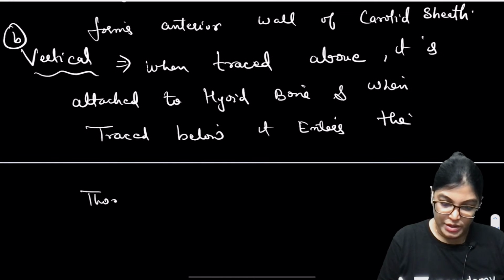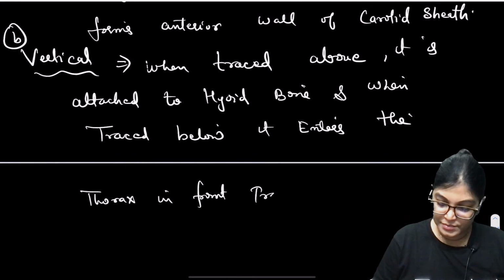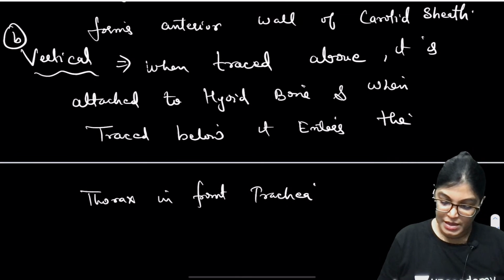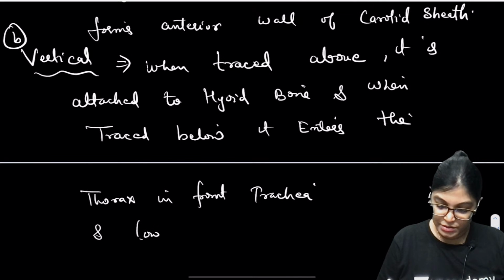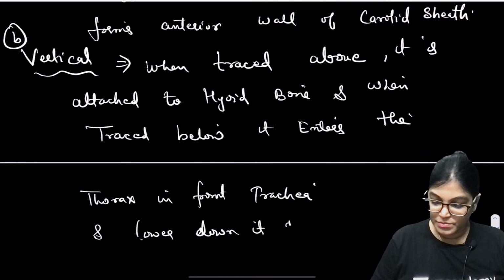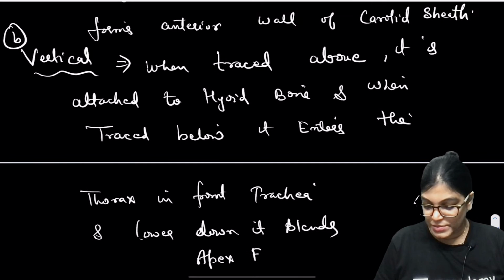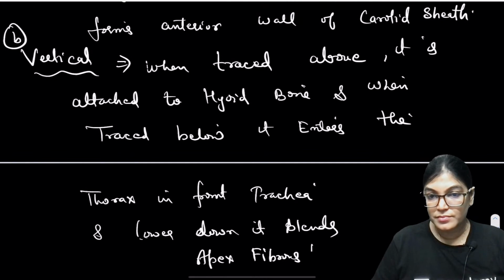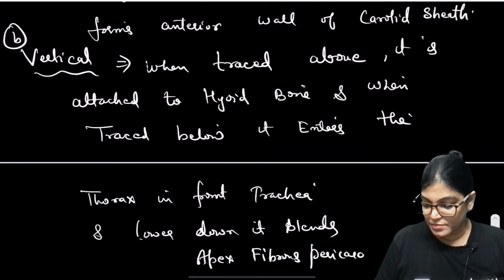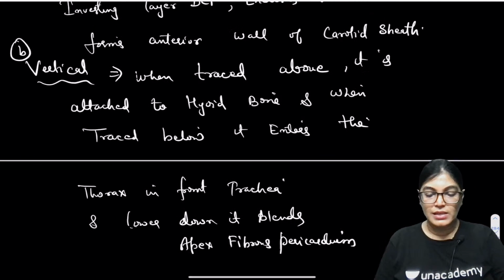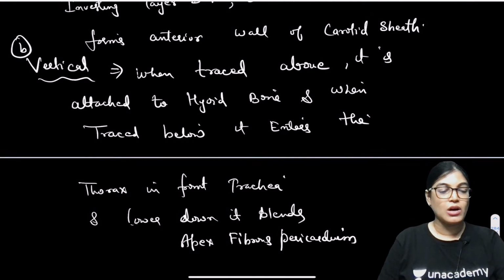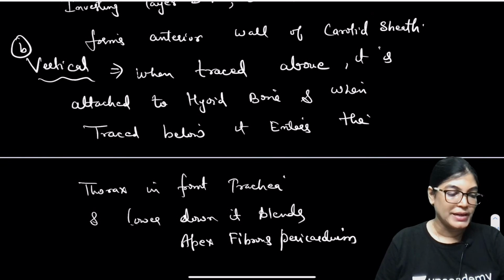It enters the thorax in front of trachea, and lower down it blends or merges with apex of pericardium, apex of fibrous pericardium. So, this is all about the horizontal and vertical tracing of pretracheal layer.